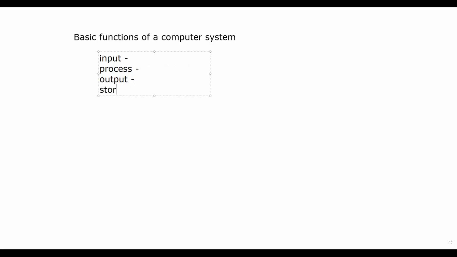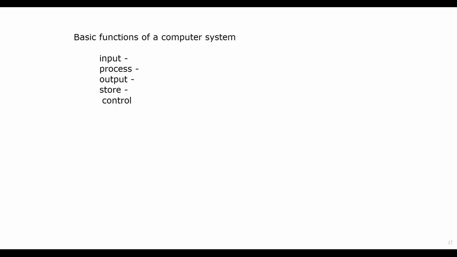And finally you can have storage, right? You can store information inside the computer. So those are the basic ones. And finally what we have is control. So the final one is you need to have control. So those are the basic functions of a computer system.